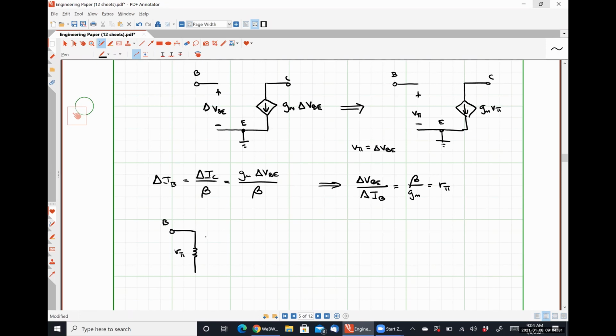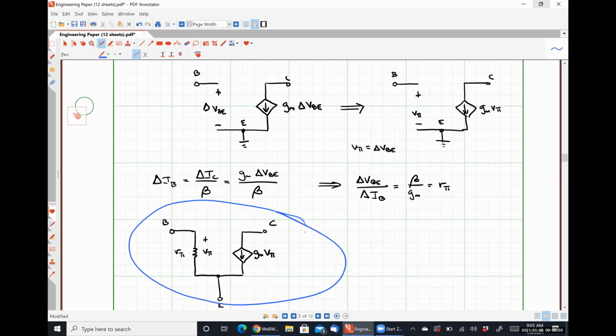Here is the base, here is V pi, here's our emitter terminal, GM V pi, collector. This is our small signal model.